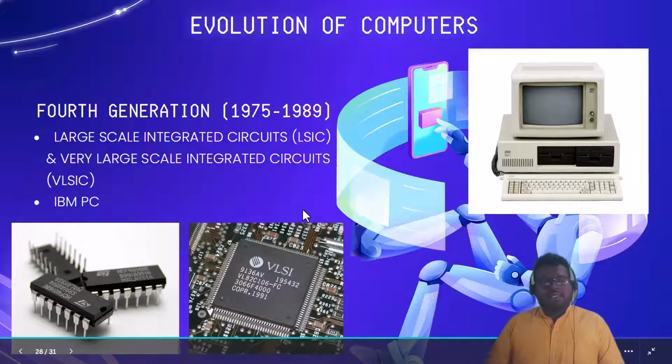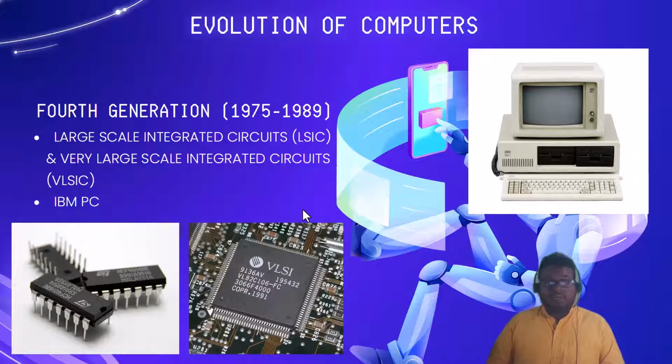And this is the era computers began to be used in schools and homes. In this era computers began to use user-friendly interfaces. What is user-friendly? Which is easy to use by a person.